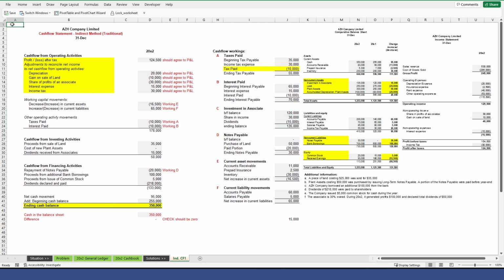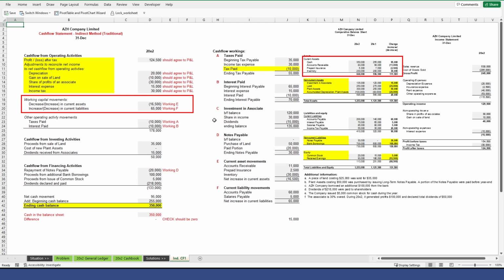What do you do then when you're stuck and you see that the cash flow is not actually balancing? Since this is a sort of trial and error type of cash flow preparation, you really have to check step by step if you have accounted for every single movement in the balance sheet into your cash flows. For example, if we go through the balance sheet accounts, we know that the accounts receivable, prepaid insurance, and inventory have been accounted for as working capital movements.